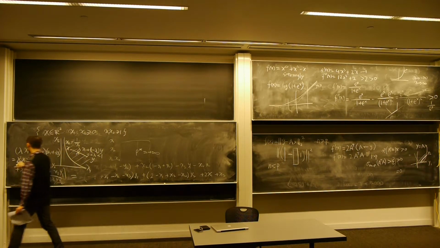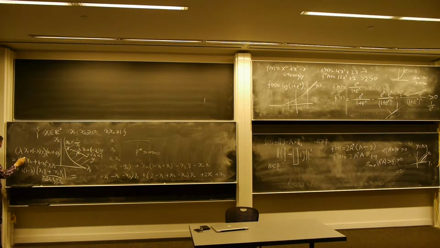You have lambda squared x1 x2; this is your a squared. This is your b squared. This is 2 times ab. So you complete the square.